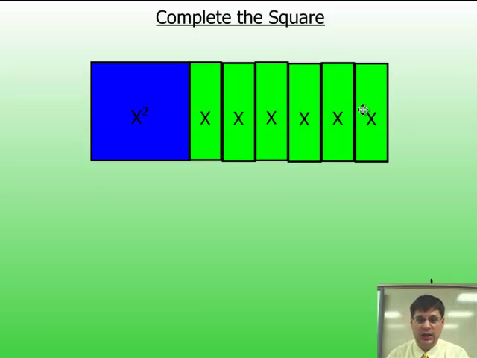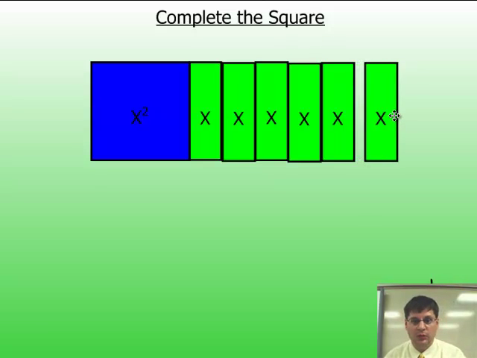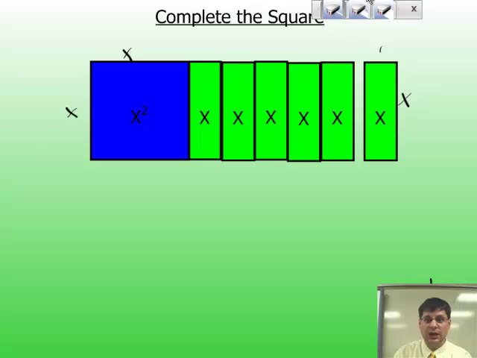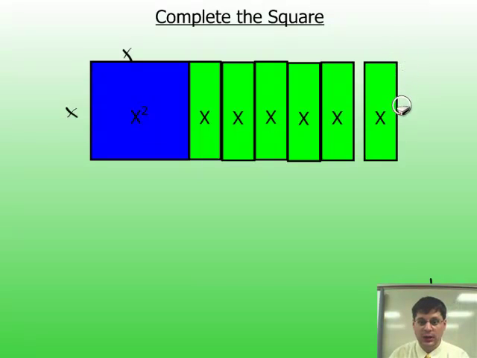I have an x tile, which has the dimensions of 1 by x, so it has an area of x. And the x squared has the dimensions of x by x, so it has an area of x squared. So that's how you read algebra tiles.